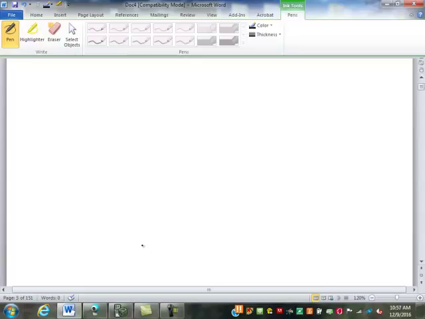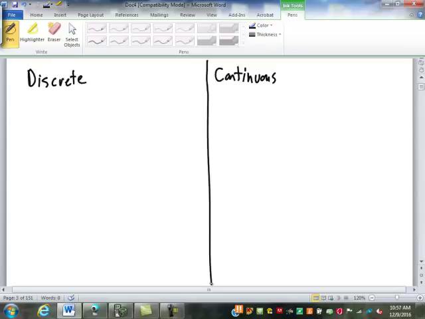Numerical data we can organize as well, but there are two types of numerical data we're going to look at. We're going to have what's called discrete and continuous. Discrete are things that can be counted.